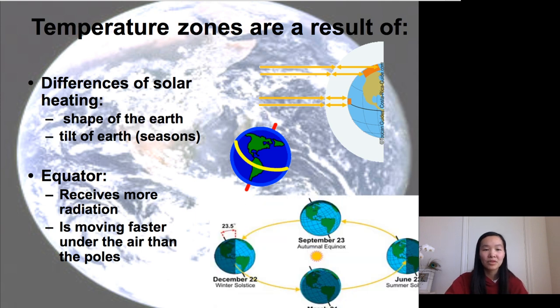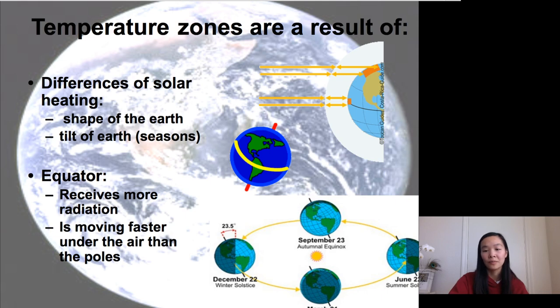The equator is going to receive the most constant radiation, because not only is the sunlight more concentrated over a smaller area of Earth's surface, but also the equator does not have as much variability in seasons as the North or South Pole.